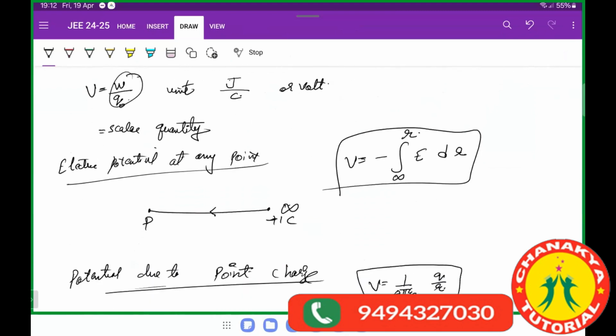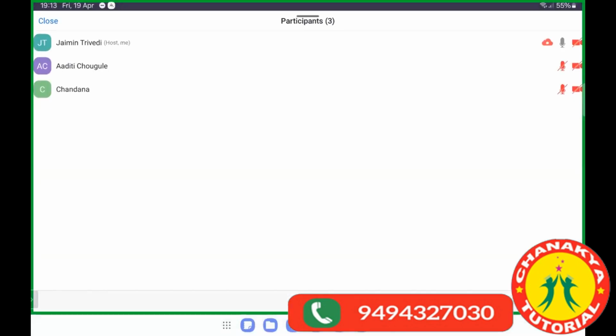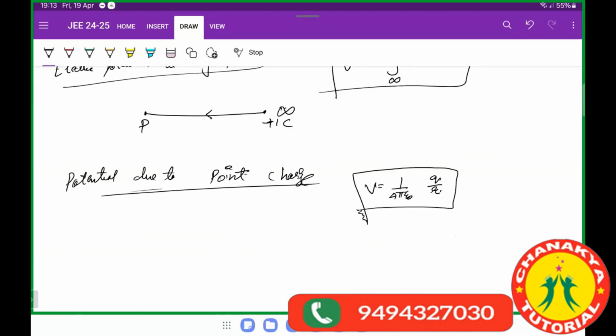Are you following what I'm saying? Yes. Okay. Now, if we have two potentials here, instead of R it will be R1 and R2. Suppose we have two points A and B, and there is one charge Q. This distance is RB, this distance is RA.